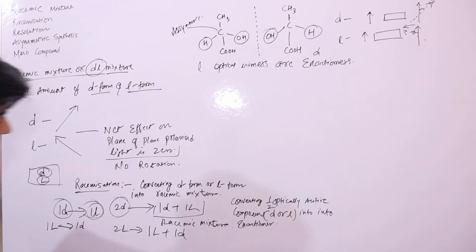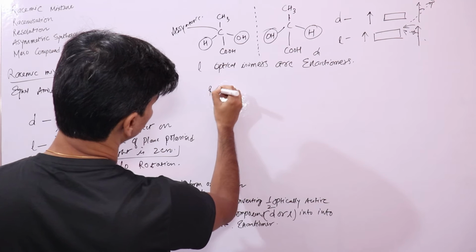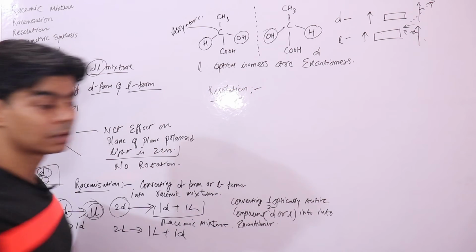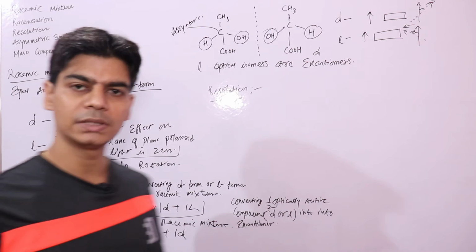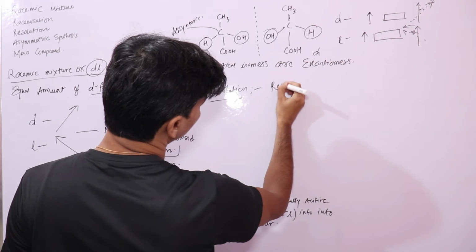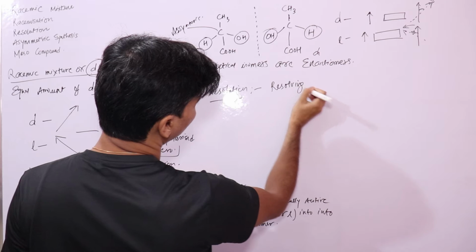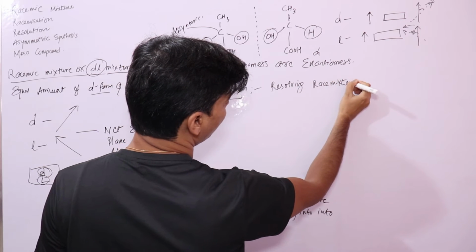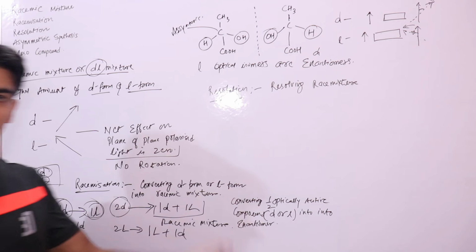Now the other thing is your resolution. Resolution is taken from the word resolving. So you are resolving something, right? What you are resolving is the racemic mixture into its D and L form.